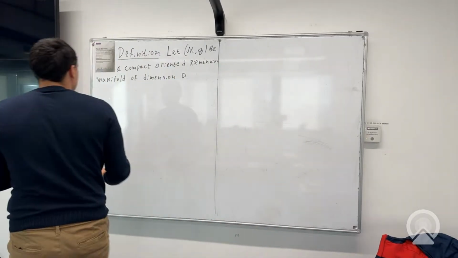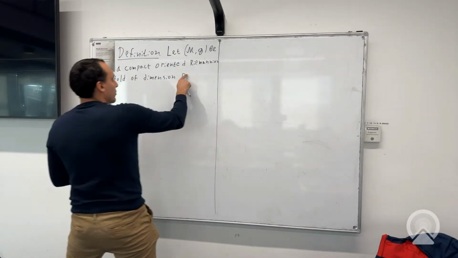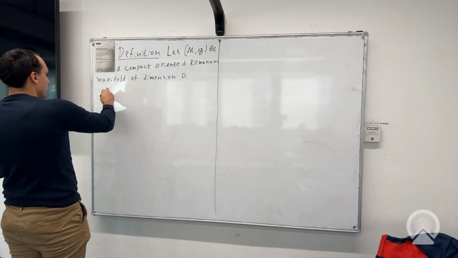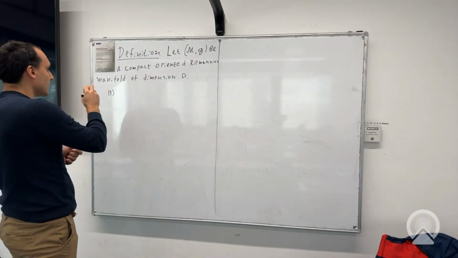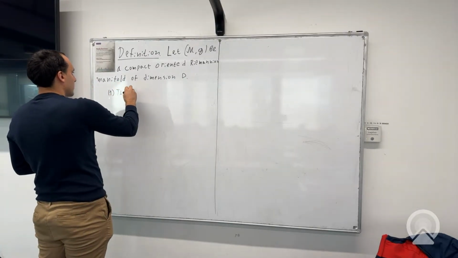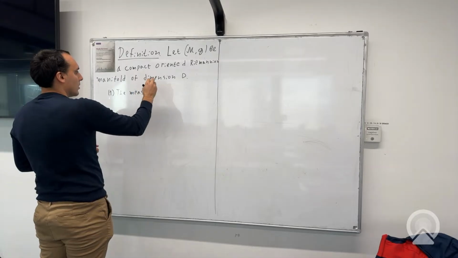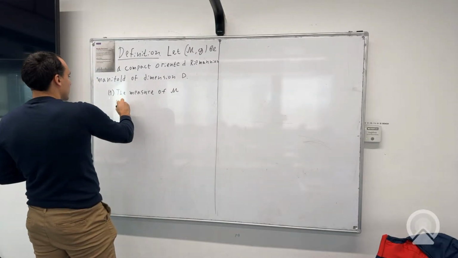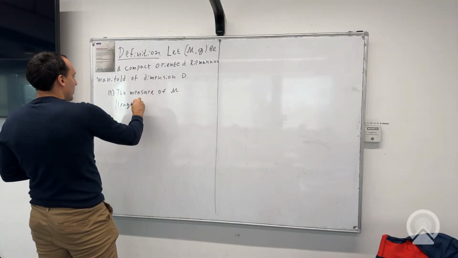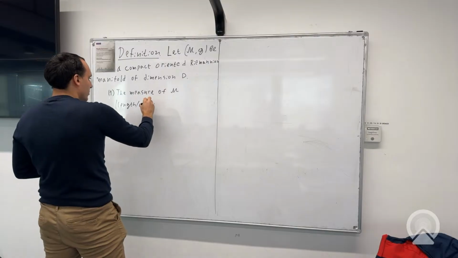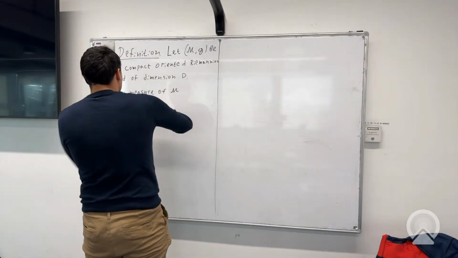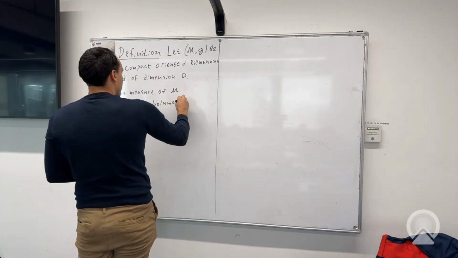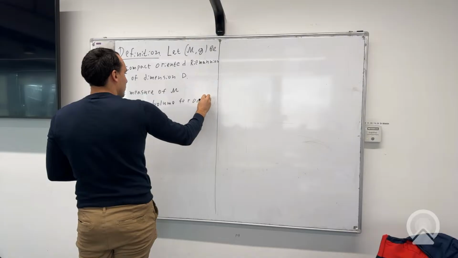So I will define three things. First, with the volume form, it will be vol like previous time. So first, the measure of M. So this is length, area, volume for D equals 1, 2, or 3.